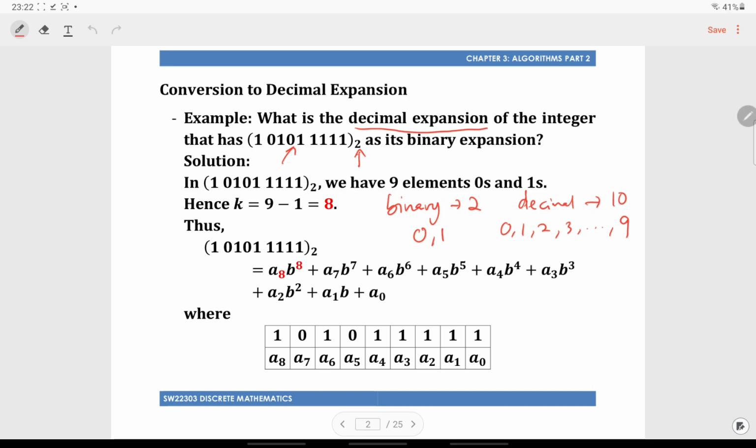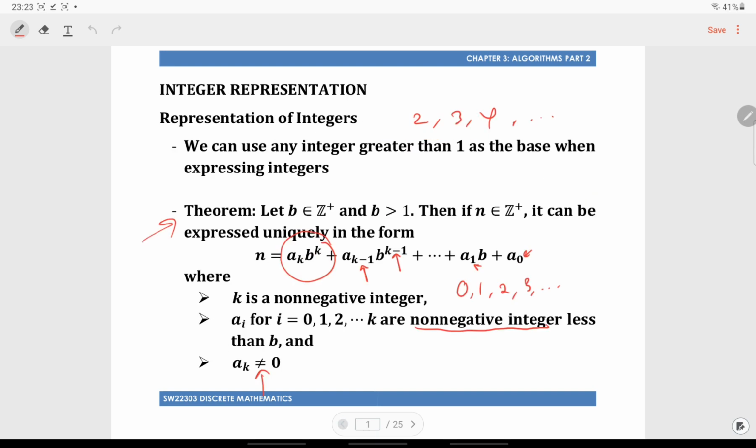So why is the value for k equal to 9 minus 1? Let's go back to the previous definition and look carefully. How many elements do we have here? We have a sub k minus 1 up to a1, so there are k elements: 1, 2, 3, up to k.